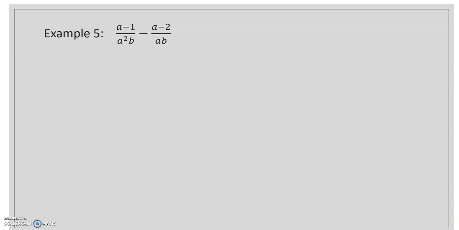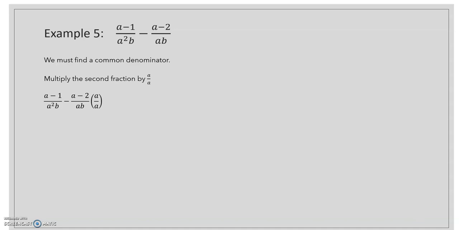Example 5. A minus 1 over a squared b minus a minus 2 over ab. We must find a common denominator, and we'll multiply the second fraction by a over a. First fraction stays the same, a minus 1 over a squared b minus a minus 2 over ab times a over a.